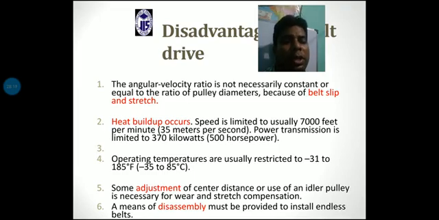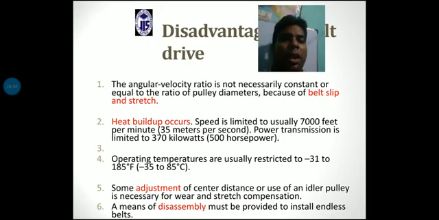If I release that induced heat from the belt to the atmosphere, it is very effective for the life of the belt. If we easily dissipate the generated heat to the atmosphere, that is the best way to release this heat.